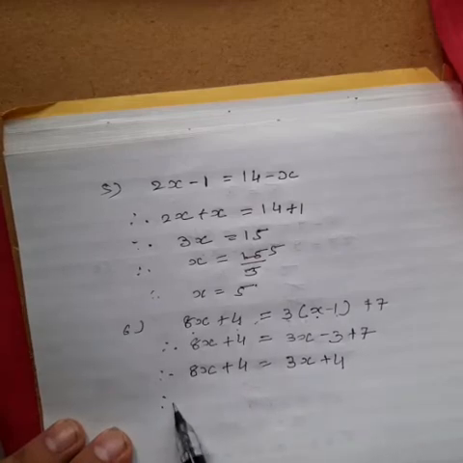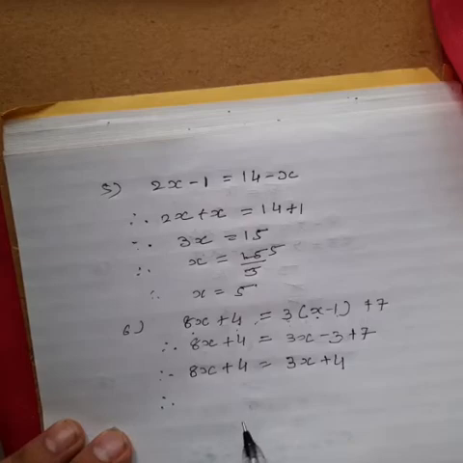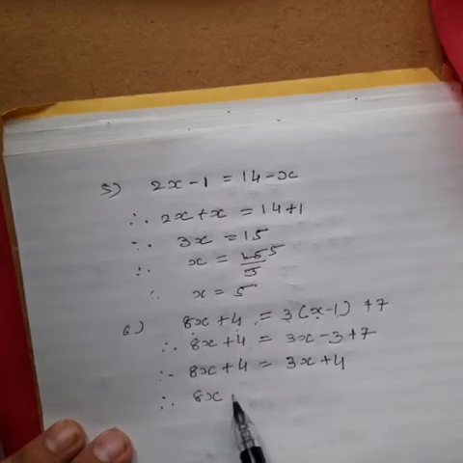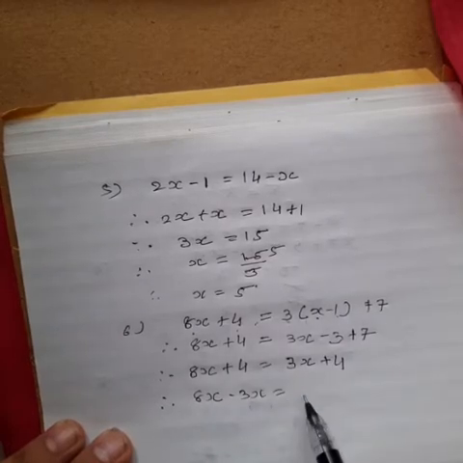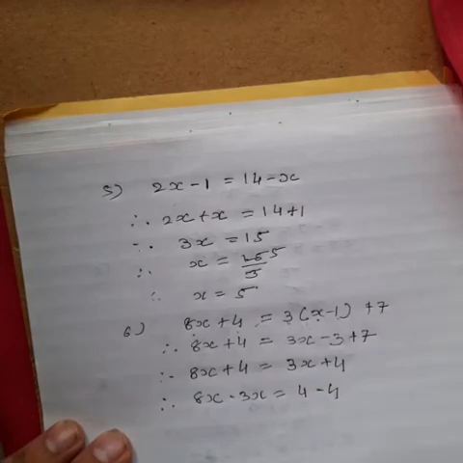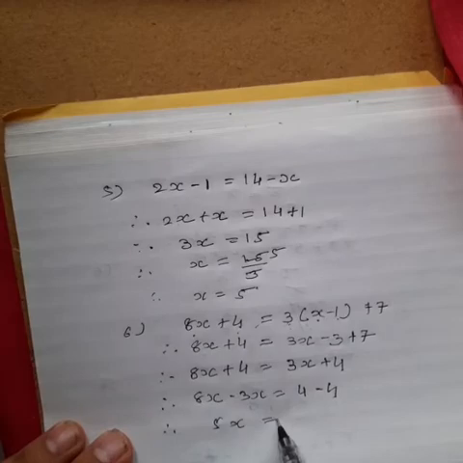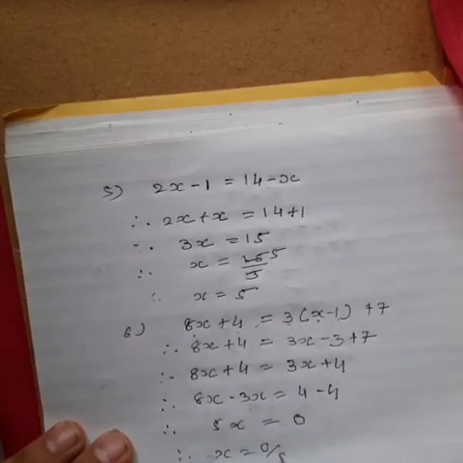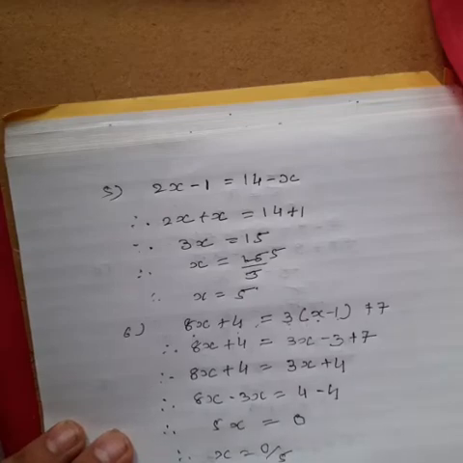Okay. Now shift all the x terms to one side and all the constants to the other side. So what do you write? 8x minus 3x and 4 minus 4. So 5x, 4 minus 4, that is 0. Therefore x is equal to 0 by 5. As you know, 0 upon any number, the answer is 0. So x is equal to 0.